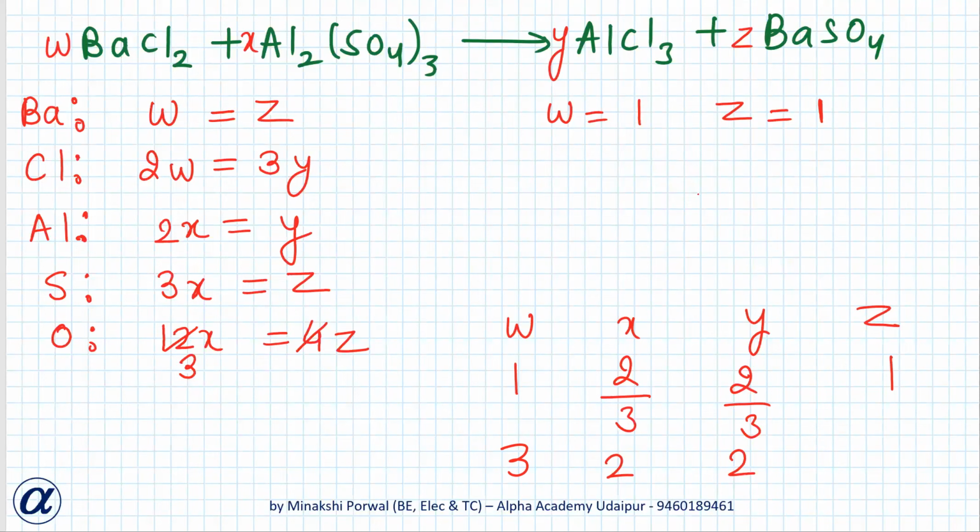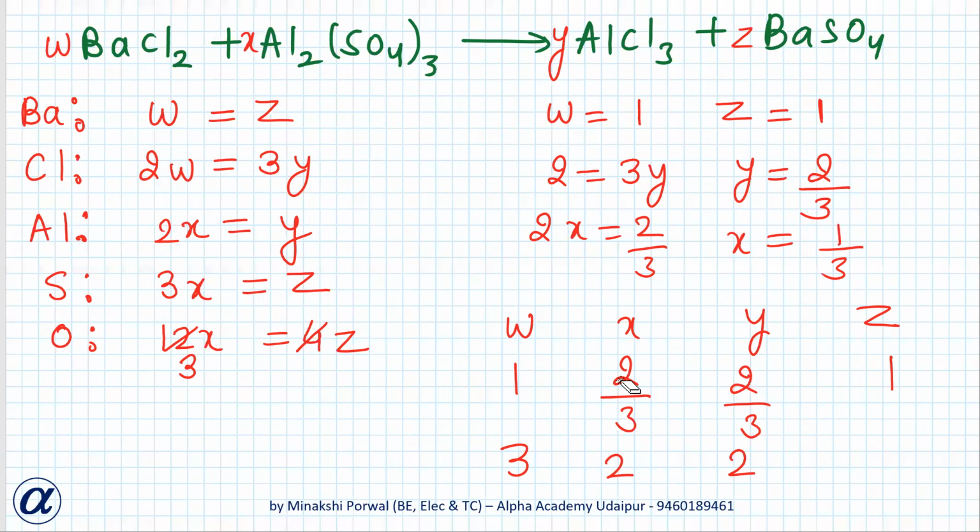Let us make this correction. W is 1, Z is 1. So 2 equals 3Y. Y equals 2 by 3. Now 2 into X equals 2 by 3. So X equals 1 by 3. Okay. So X will be 1 by 3.